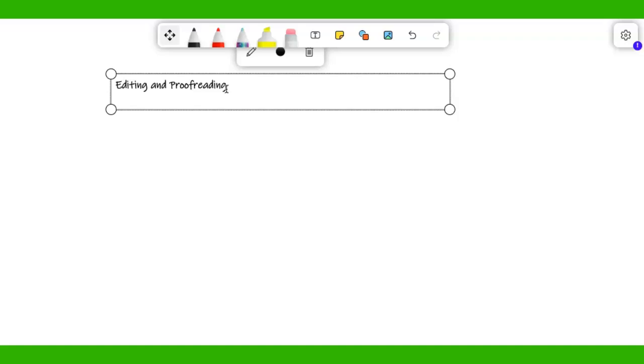Now, when you get to editing and proofreading, it's more about the grammar.